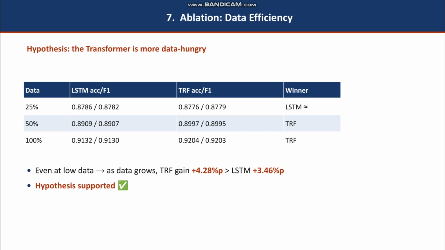The result: at 25%, the LSTM matches the transformer or edges it out, but as data grows, the transformer gains more, plus 4.28 points versus plus 3.46 for the LSTM, and overtakes at 50% and 100%.